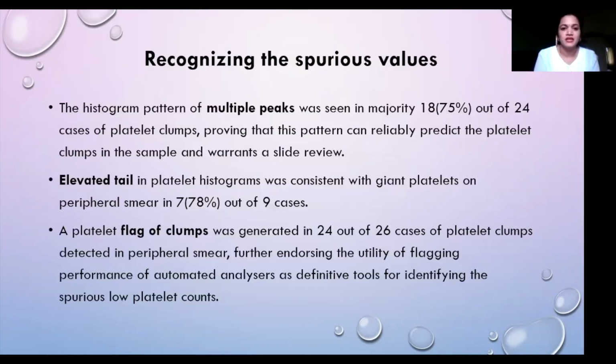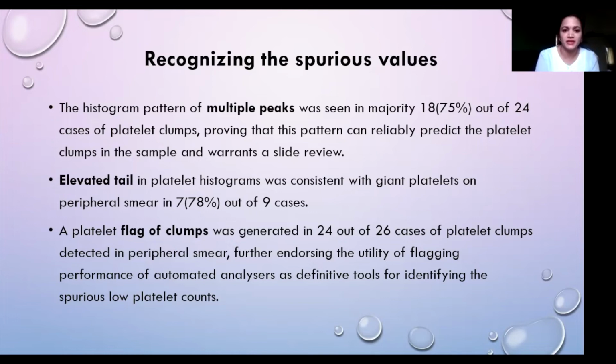So the analyzer could be of significant help in recognizing the spurious values. The histogram pattern of multiple peaks was seen in the majority, that is 18 cases of platelet clumps, proving that this pattern can reliably predict the presence of platelet clumps in the sample and warrants a slide review.